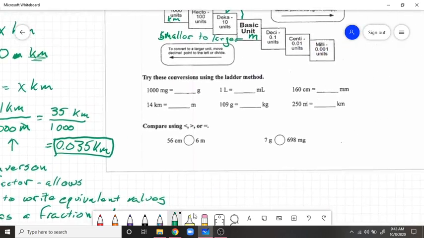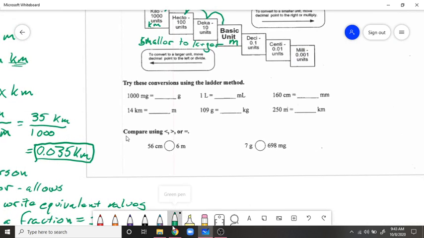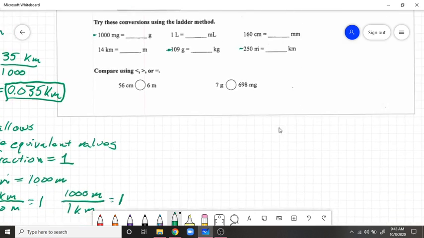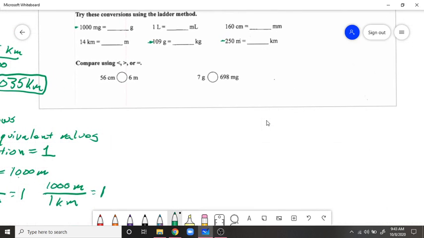Let's look at going from a smaller to a bigger. We'll do them both ways. We have 1,000 milligrams, and we want to know how many grams.